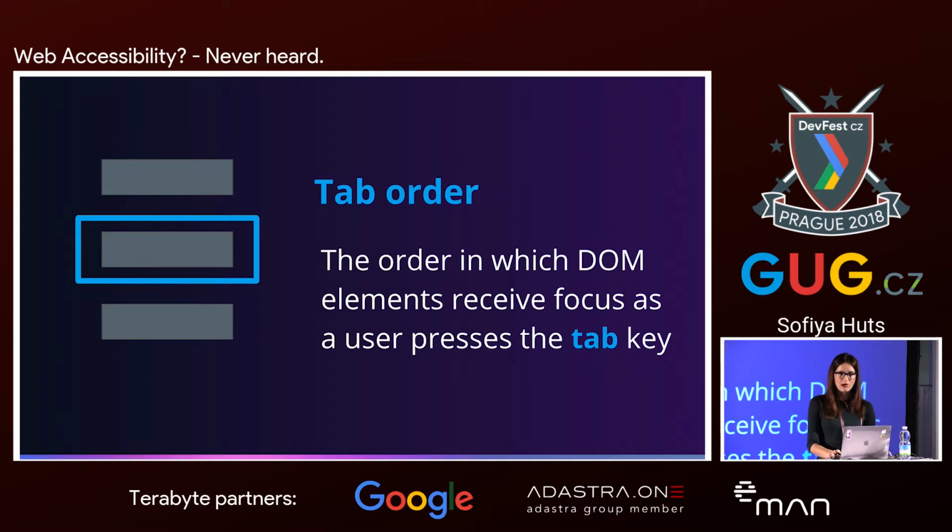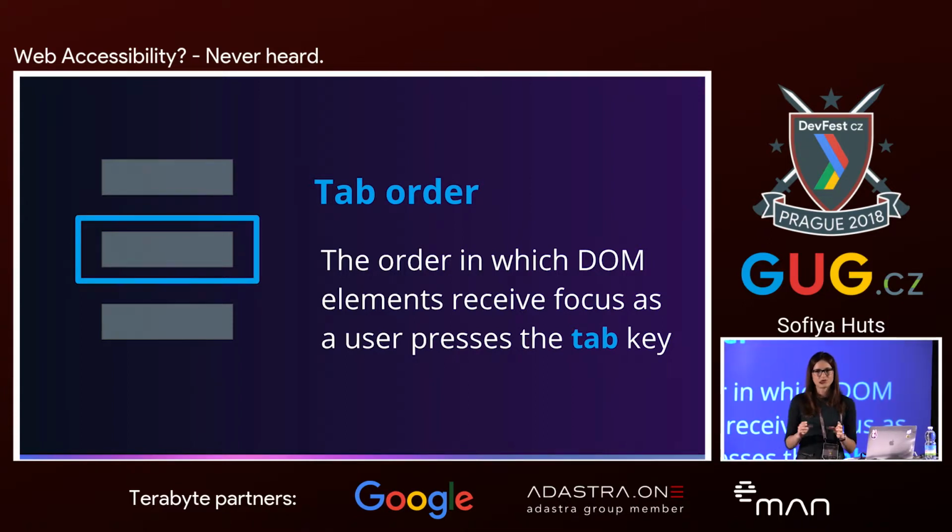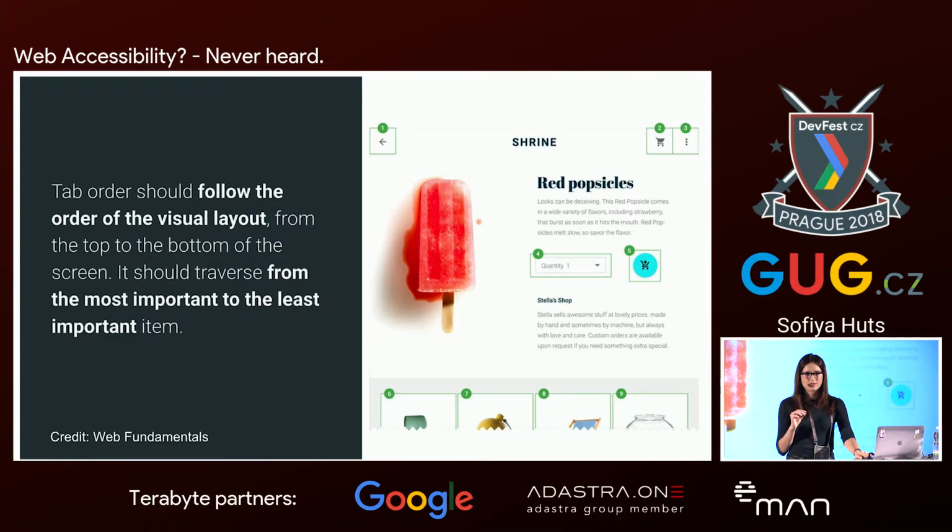So what is this tab order? The order in which DOM elements receive focus when the user presses the tab key is called the tab order. I guess you have already tried tabbing on some website, and the interactive elements get focus. This is actually about native elements, like buttons, inputs, links. They get focused by default.